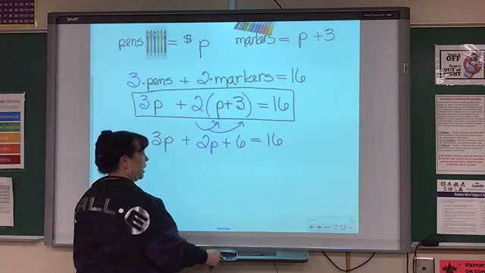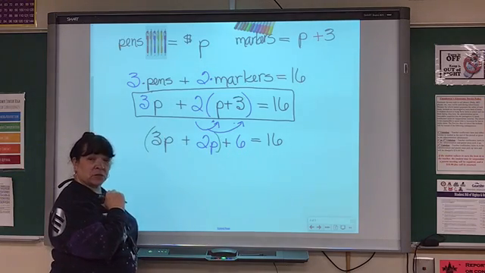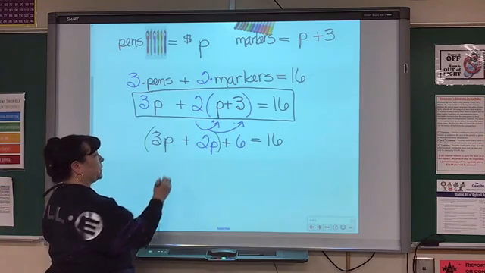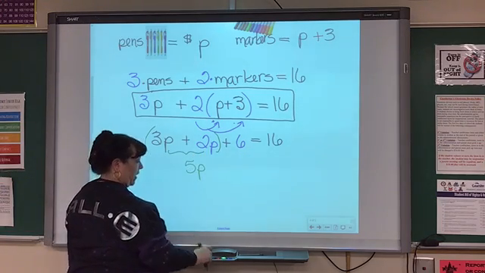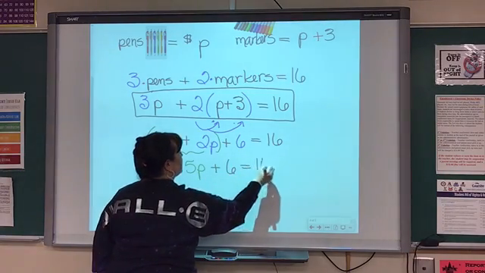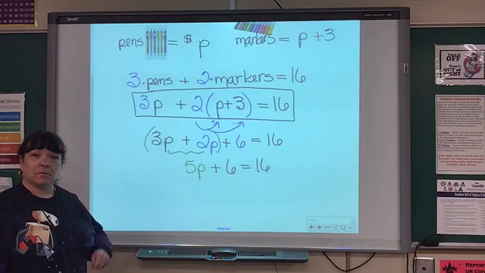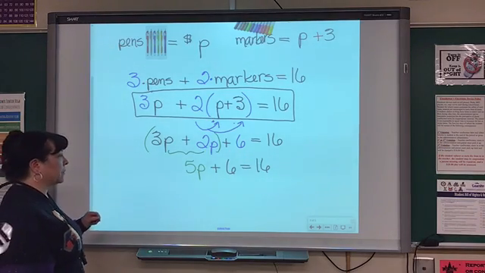Because those 2 are alike, I can group them together or associate them and say 3p and 2p are going to give me a combined 5p. I have add 6 equals 16, and I now have my 2-step equation. I'm going to solve for p.